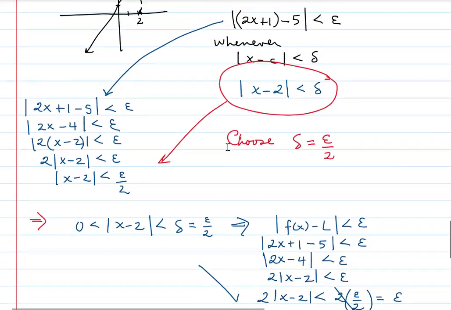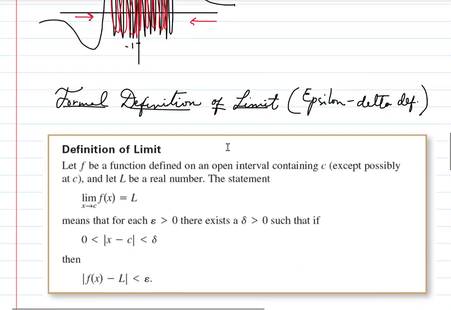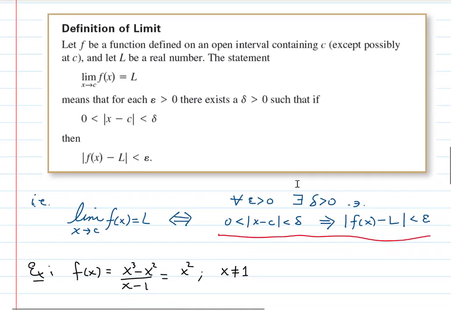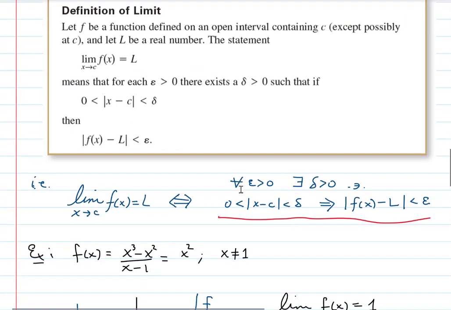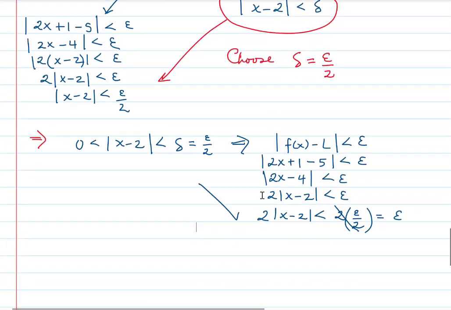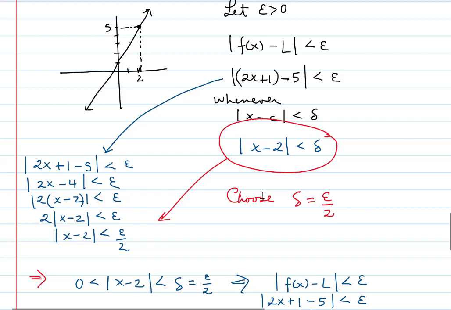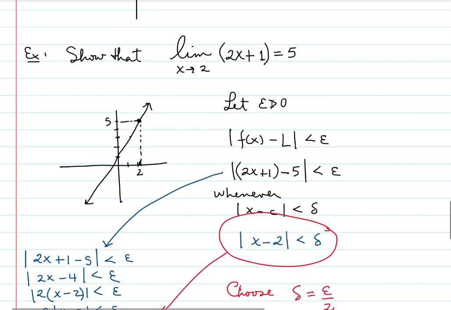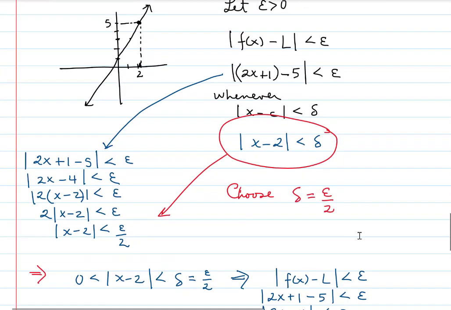Well, this guarantees that you always have one. The definition says we only need one delta to exist, but it's got to work for all epsilon. So if you let epsilon be 5, the delta would be 5 halves. If you let it be 1, this will be 1 half.